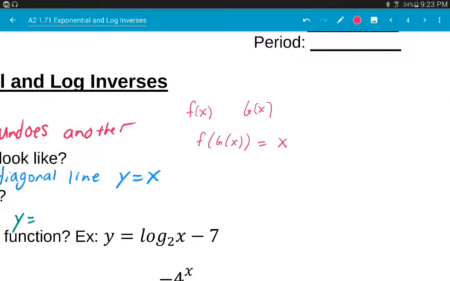Meaning, if I took, say, the number 2, plugged the 2 into the g function, evaluated it, and then plugged that number into the f function, the number that I get out of that would be 2.